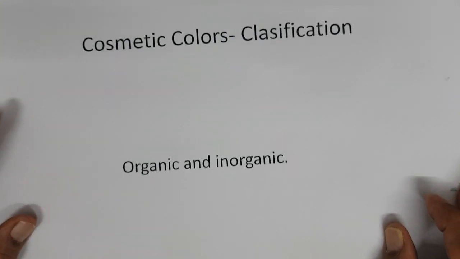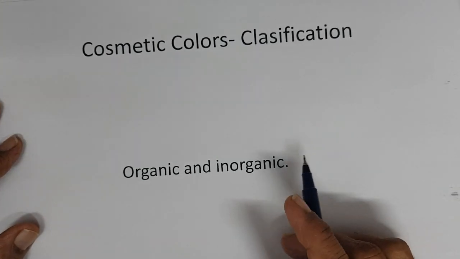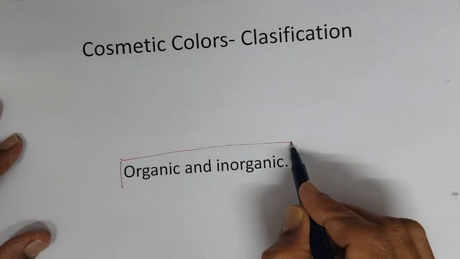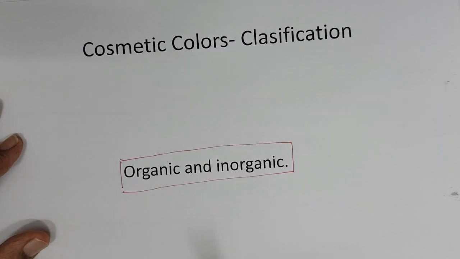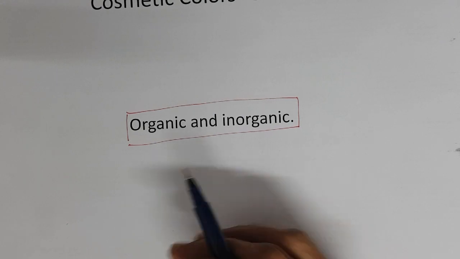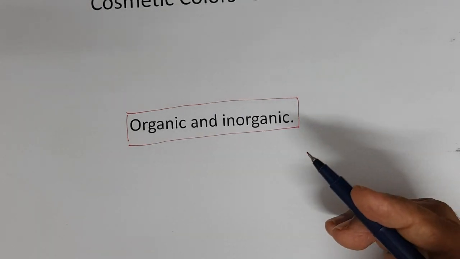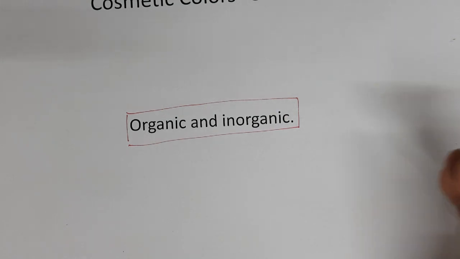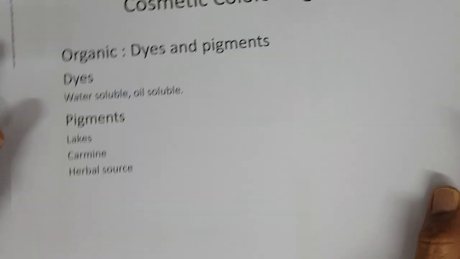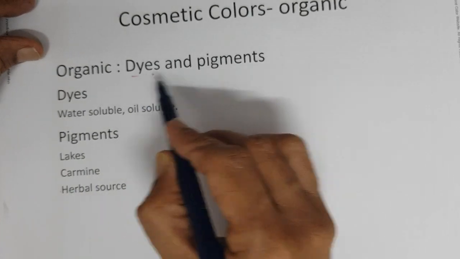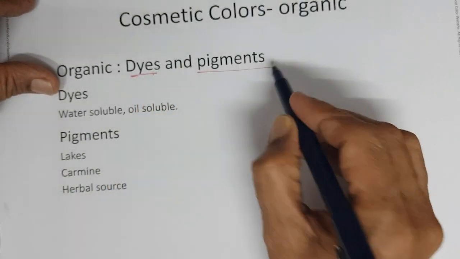So broadly, colors used in cosmetics can be divided into organic and inorganic colors, right? So first we will see what are the organic colors. We are not going into the specific colors, but broadly how it is divided and with examples, and then the inorganic colors. Organic dyes and pigments.